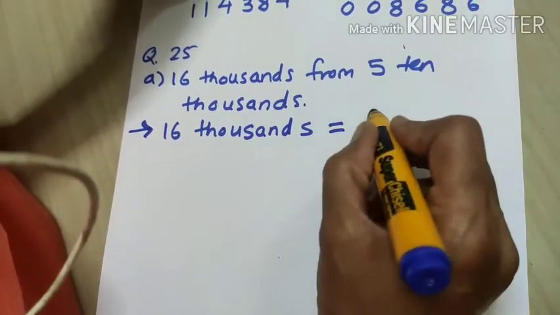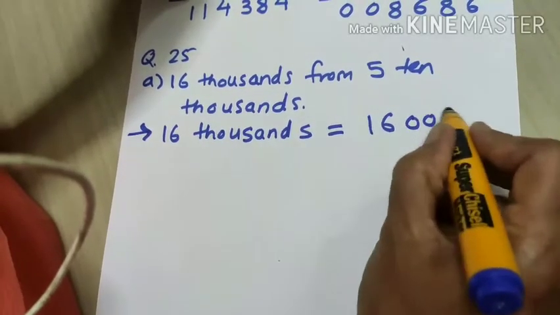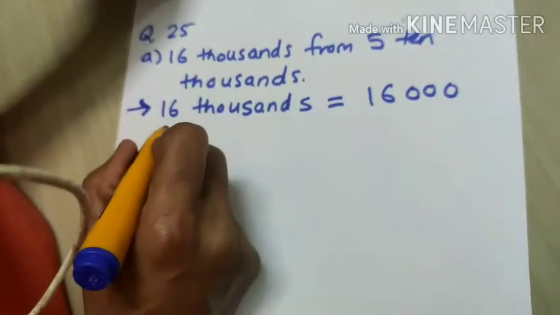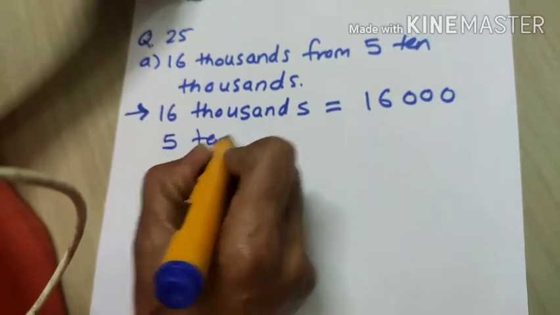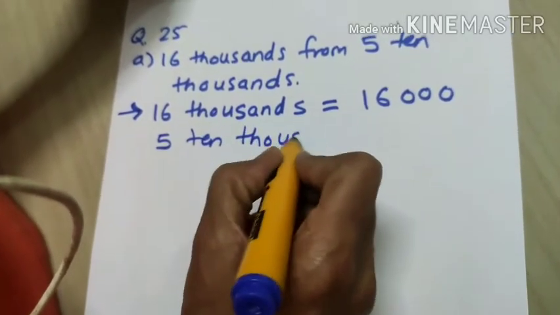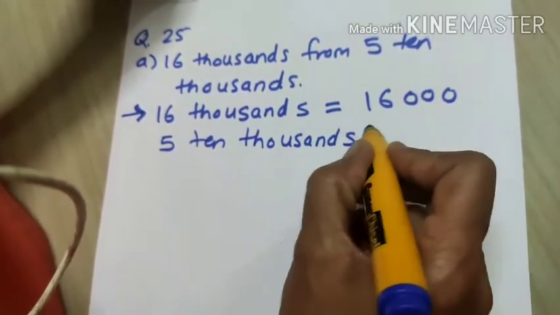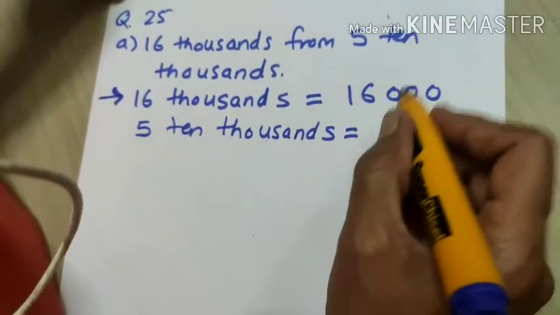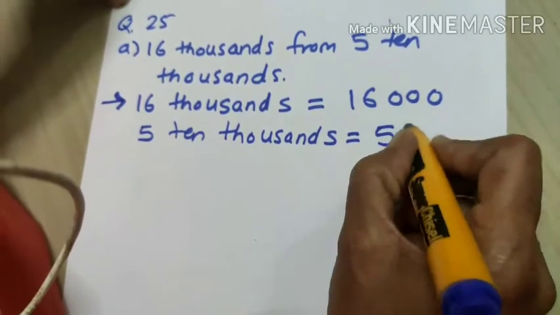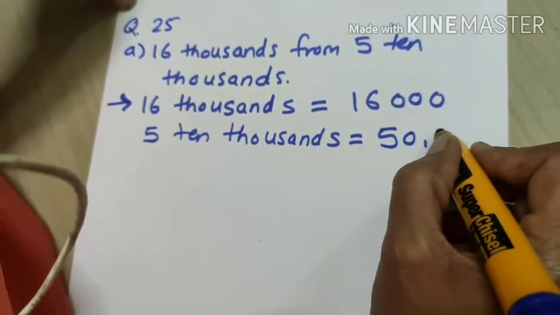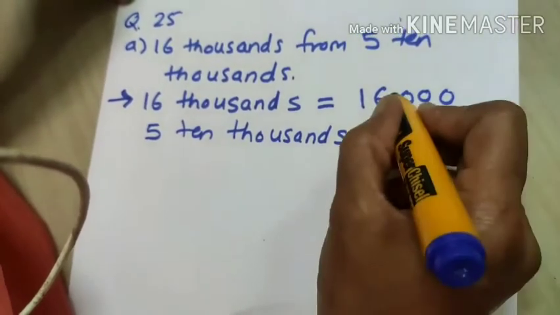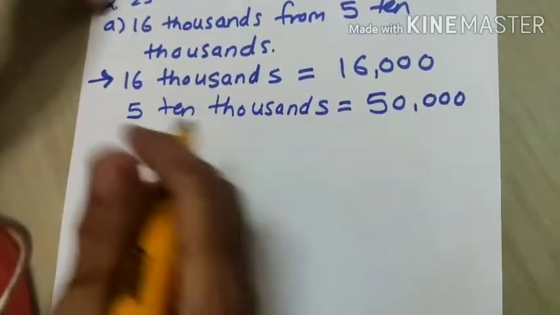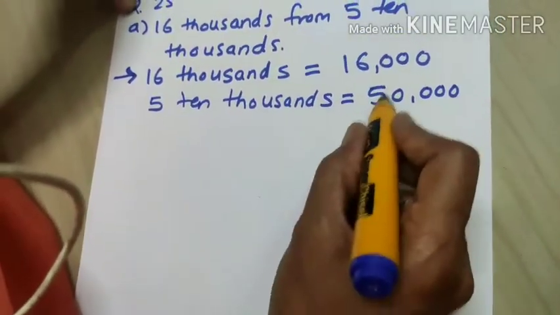This you can write as 16,000 also. 5 ten thousands means 50,000. 5 ten means 50. Okay, so this is the bigger number, this is the smaller number.